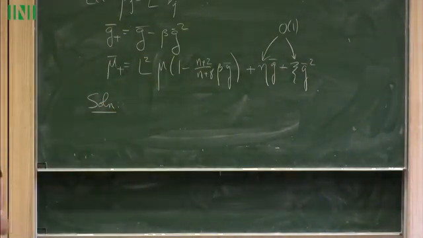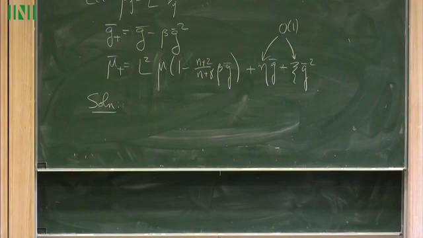So this is very elementary. The equation for g bar there is just, this equation shows up in many, many contexts, and it's a simple recursion relation for g, which you can solve.